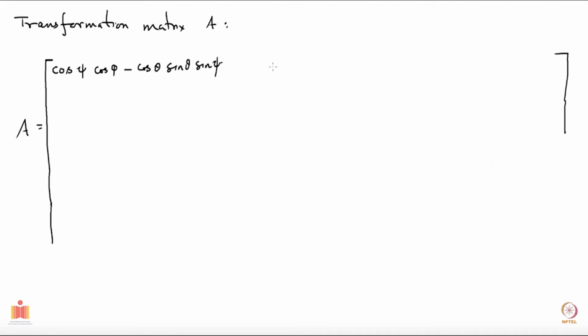That's the first entry. Then you have minus sine of psi cos of phi minus cos of theta sine of phi cos of psi.